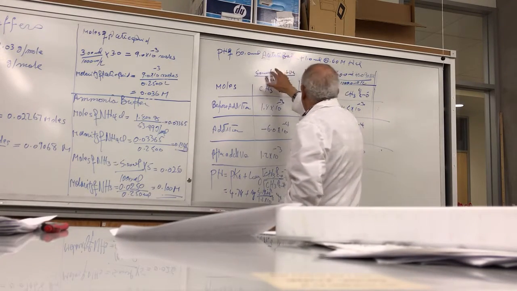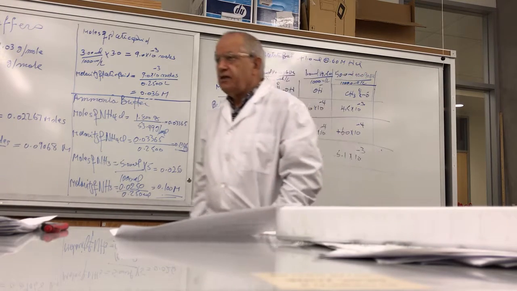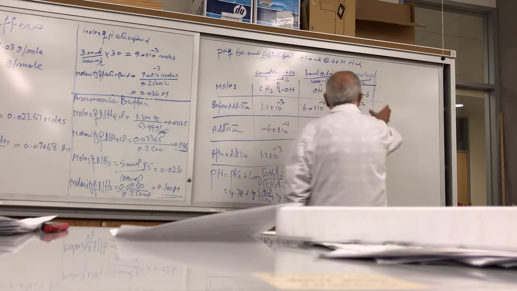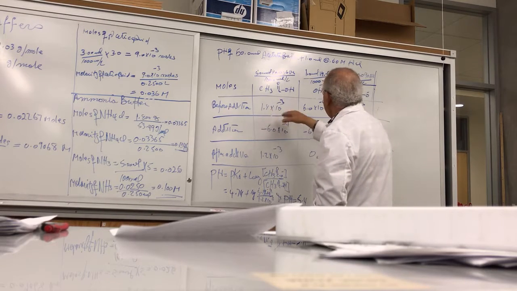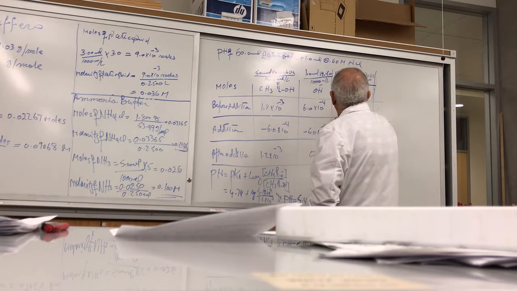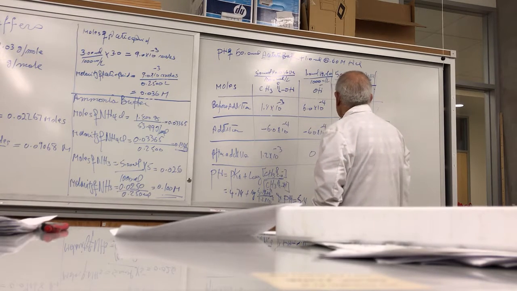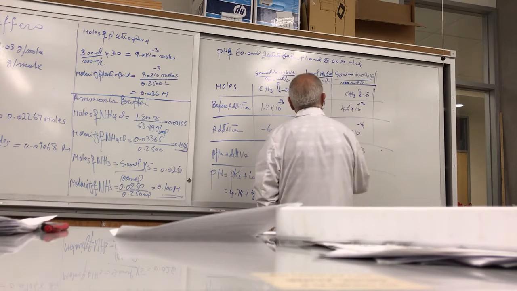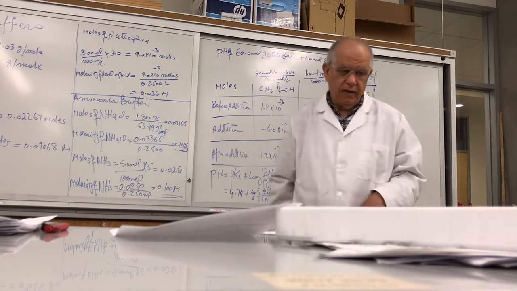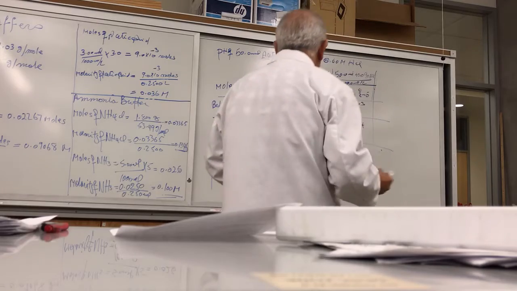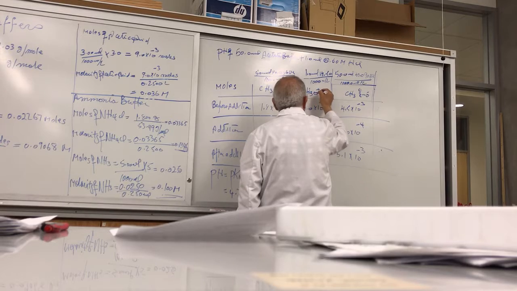50 milliliter acetate buffer. Now we're adding hydrochloric acid instead of sodium hydroxide. Then where does the hydrochloric acid go after? The proton will go after the acetate ion. So this will be increased, and this will be decreased. I can just go ahead and clean it up here. I'll put hydronium ion, H3O plus.